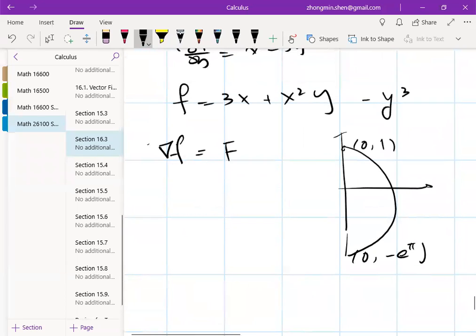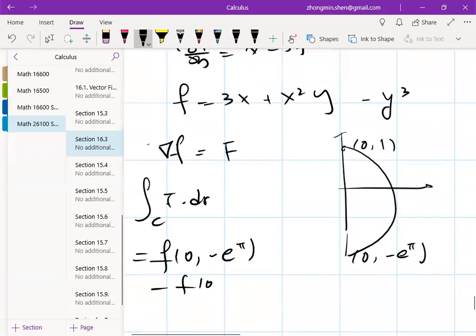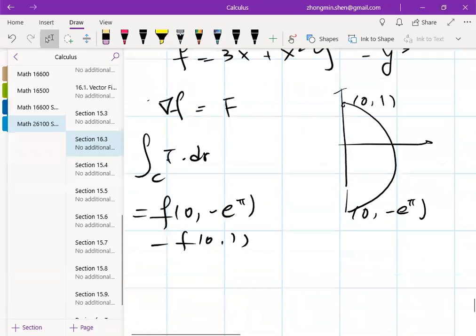The gradient of f is going to be kept there. So this line integral is just equal to the difference of the value of the two functions. It's going to be f(0, negative e to the pi) minus f(0, 1). That's it. So it's much easier to do the computation.